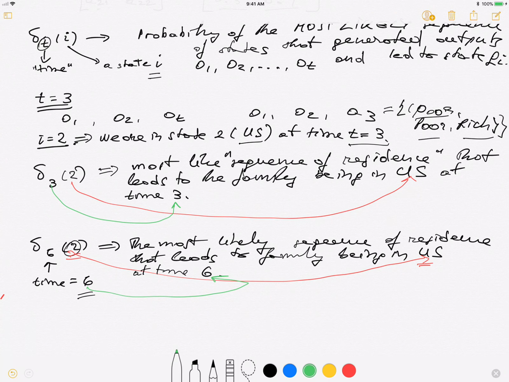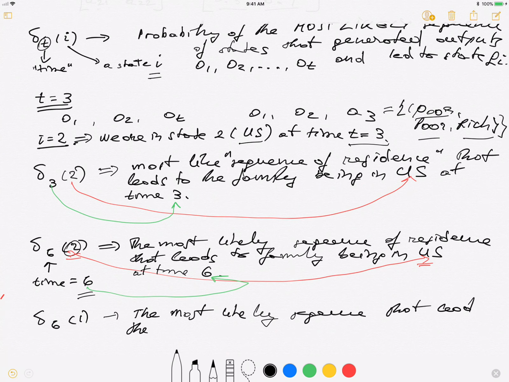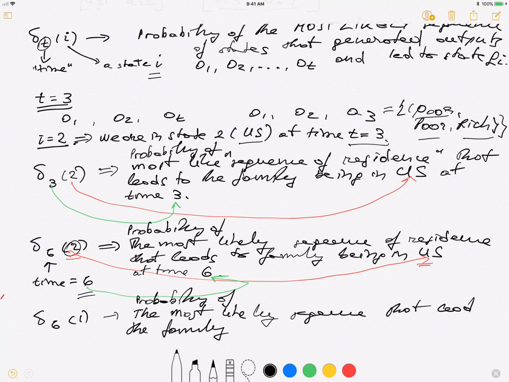Similarly, delta 6 of 1 would be the most likely sequence that led the family, actually this is the probability of the most likely sequence. So deltas are probabilities of the most likely sequence.